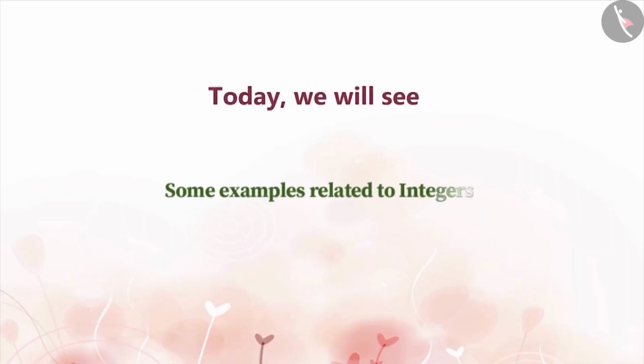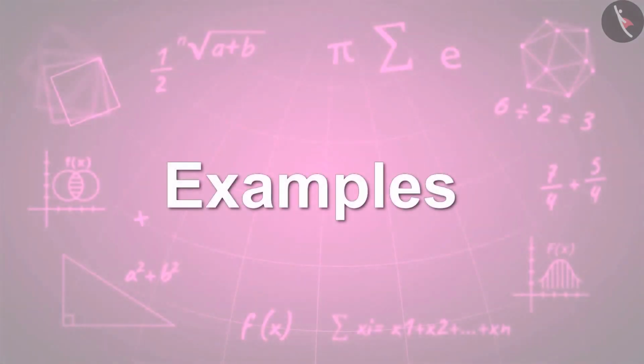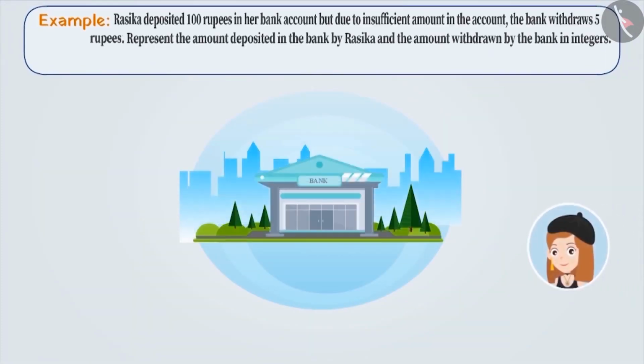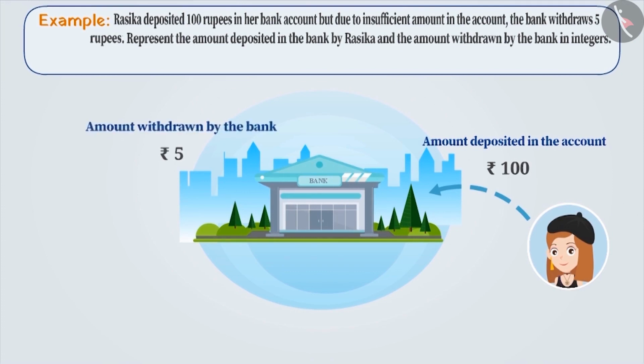Today, we will see some examples related to integers. Example 1. Rasika deposited 100 rupees in her bank account, but due to insufficient balance in the account, the bank withdrew 5 rupees. Express the amount deposited in the bank by Rasika and the amount withdrawn by the bank in integers.